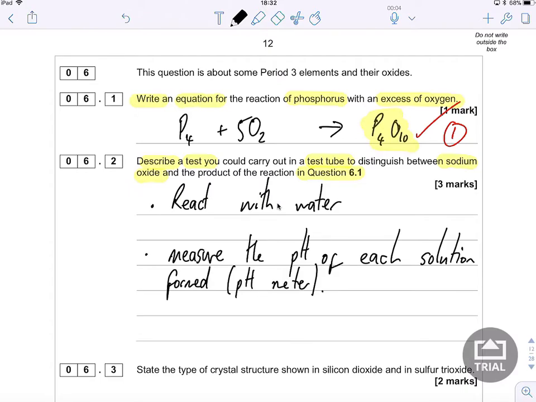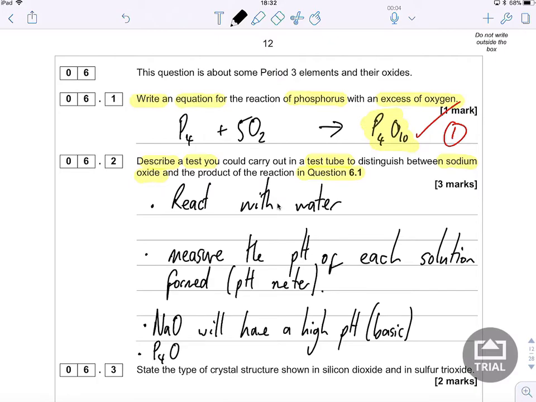And I would say that sodium oxide will have a high pH, going to be basic. And I can say phosphorus oxide will have a low pH, it's going to be acidic.